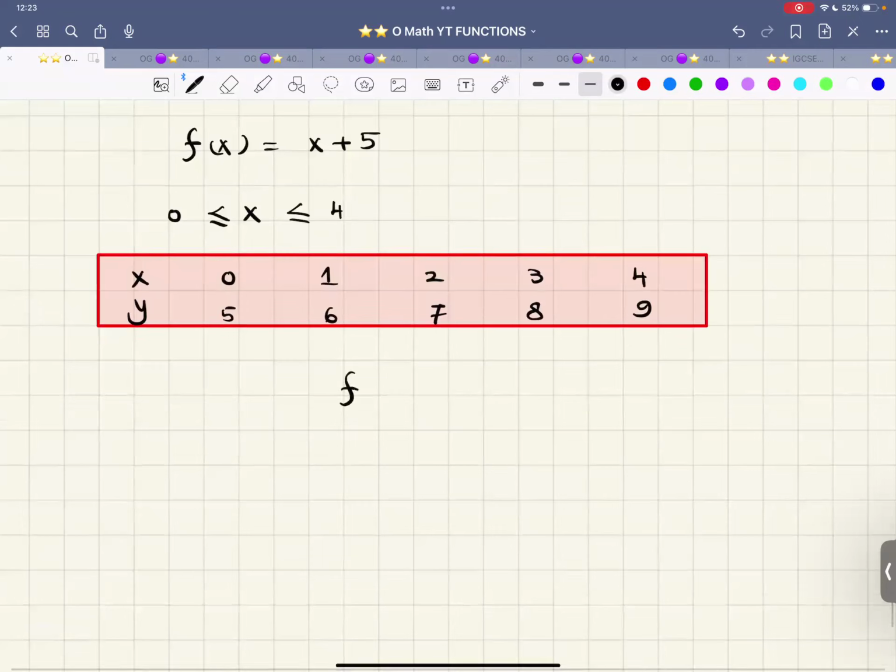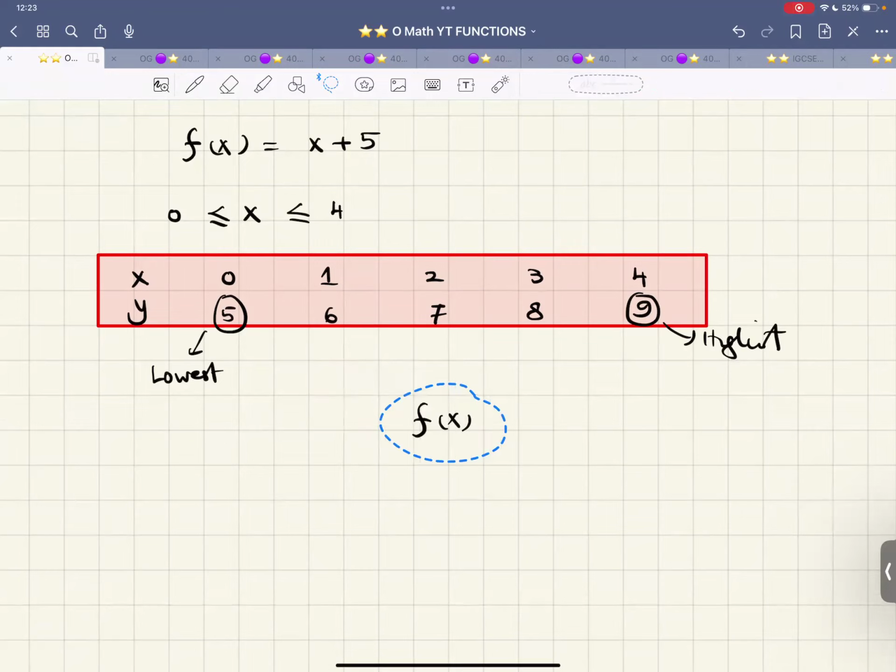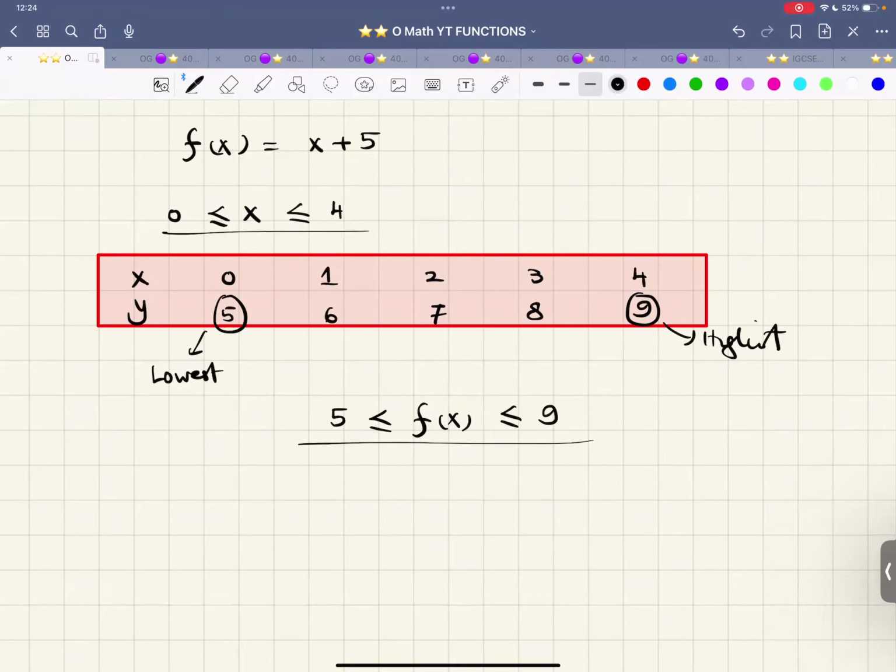So therefore, the range of this function, what is the lowest value? The lowest value is 5. What is the highest value? That is 9. So therefore, the range of f(x) should be between the lowest and the highest. So it should be less than or equal to 9, greater than or equal to 5. That is the range for this corresponding domain.